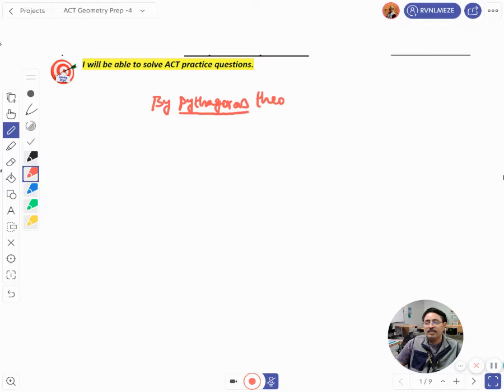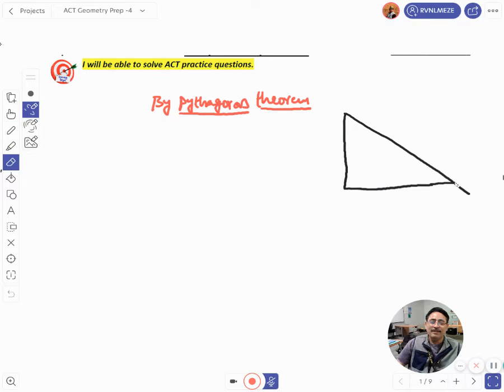So, the Pythagoras theorem says that if you take a right angle triangle, the side opposite to 90 degrees is called as hypotenuse.